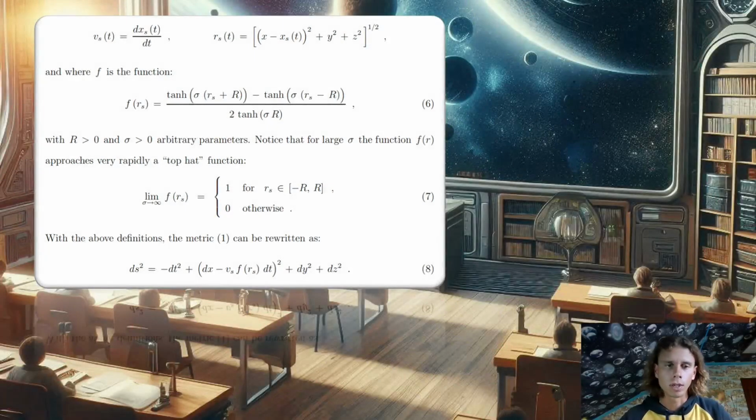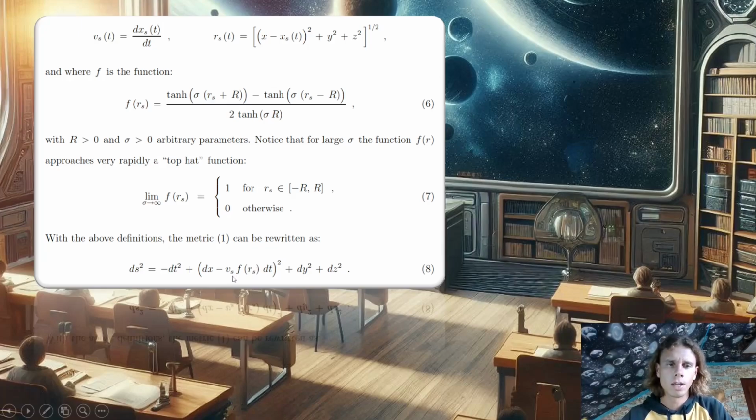Here on the left you can see the Alcubierre metric in Cartesian coordinates, where f is the shape function and r is the radius of the warp bubble, and this is a time-dependent metric. So this metric moves, and you can see it contains Vs, which is the speed of the bubble.